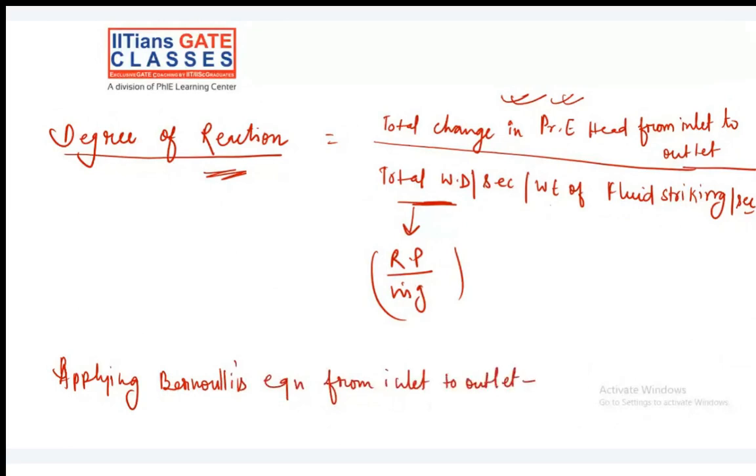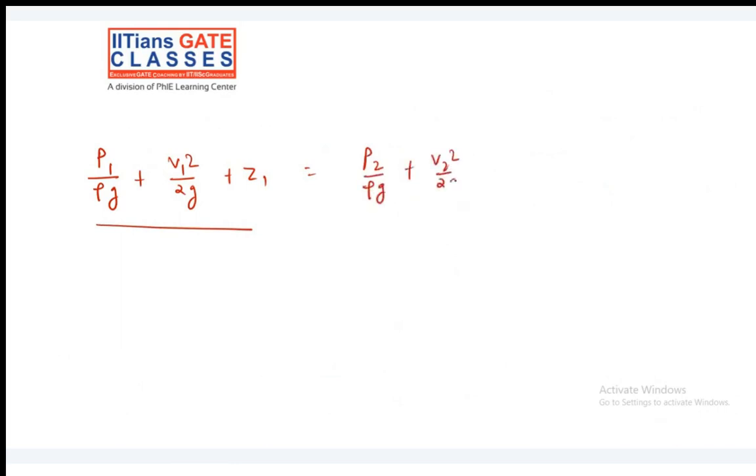So when we apply Bernoulli's equation from inlet to outlet, this is P1 upon rho g plus V1 square upon 2g plus Z1 at the inlet, and this is equal to P2 upon rho g at the outlet, plus V2 square upon 2g, plus Z2.